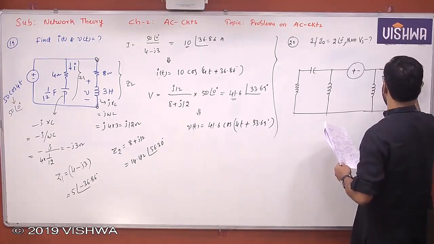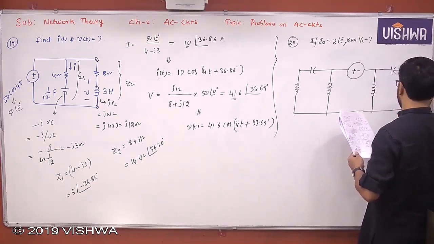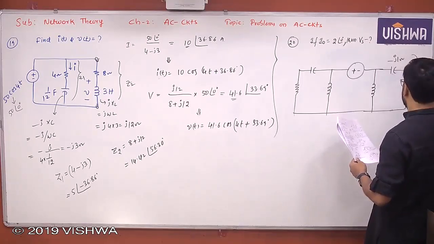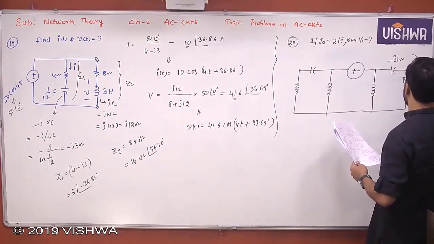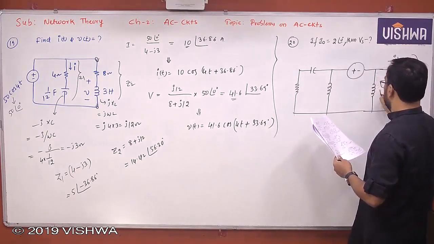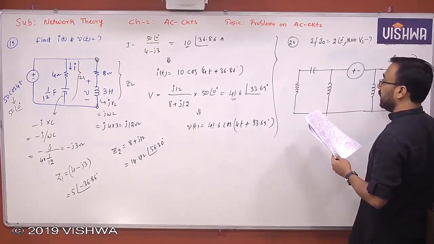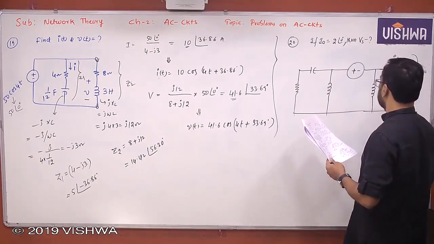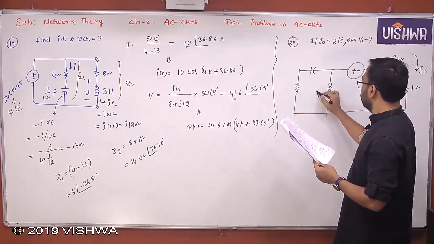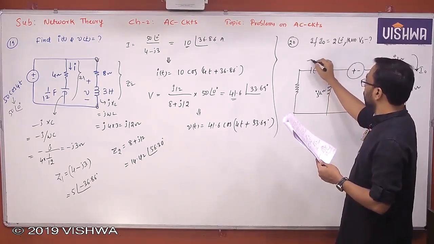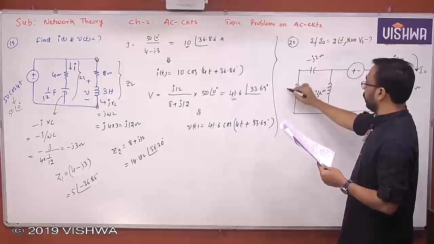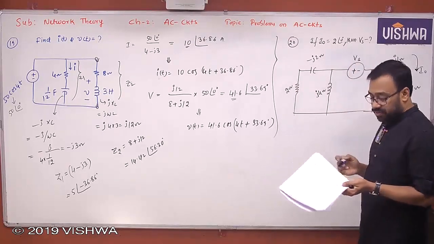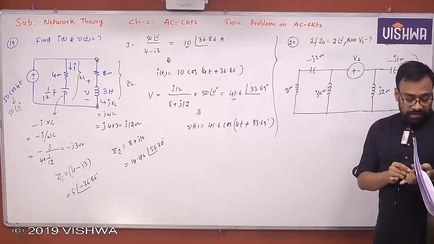This is 1 ohm, minus j1 ohm, and this is I naught as shown in the circuit. If you finish that, then read the 20th question. Minus j2 ohm and 2 ohm. And it is expected to find the Vs value.